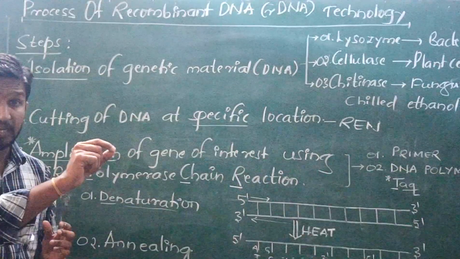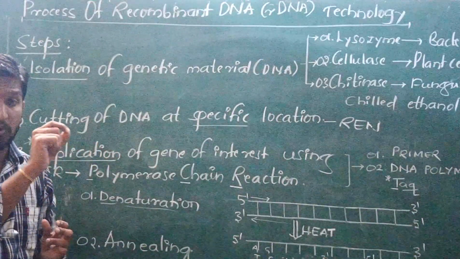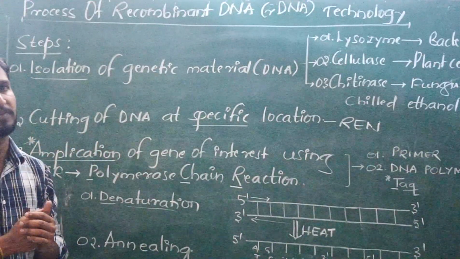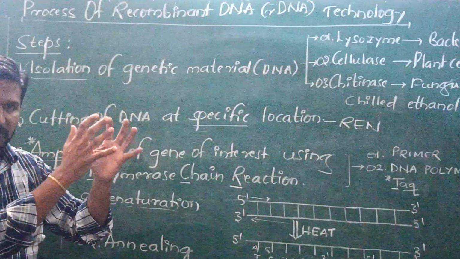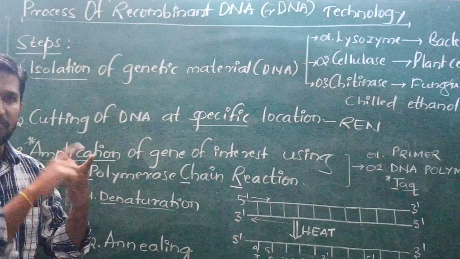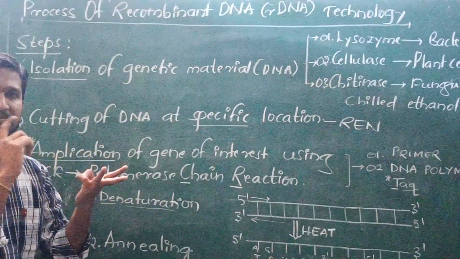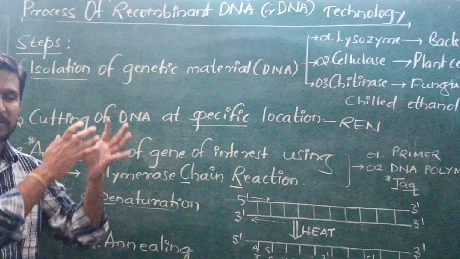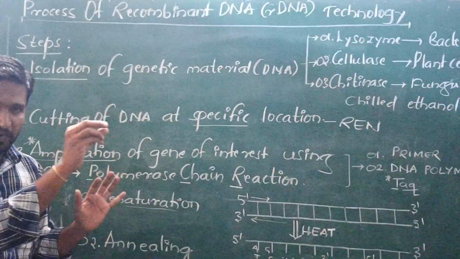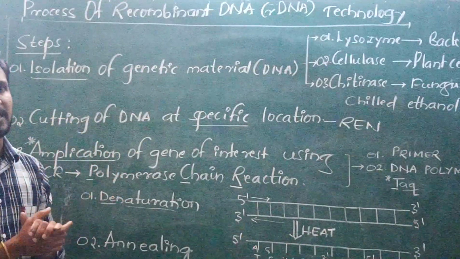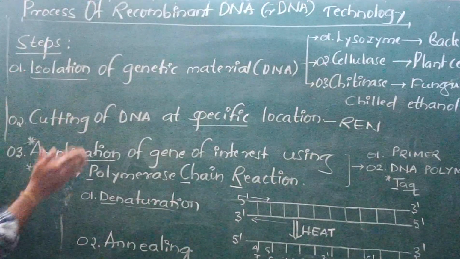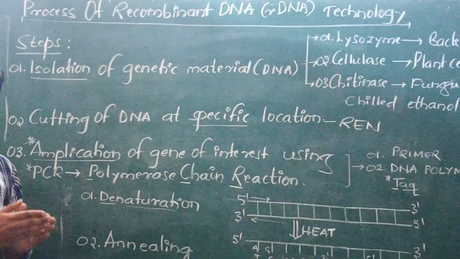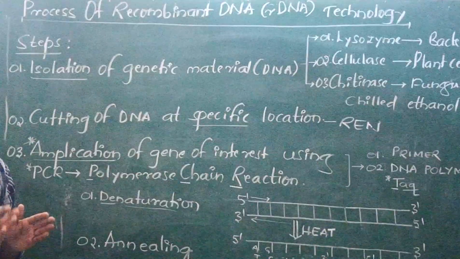From that cell, we want to take out only the gene of interest. So we separate that gene from the complete cell, avoiding the cell wall, cell membrane, cytoplasm, endoplasmic reticulum, Golgi complex, and all other cell organelles, and take only the DNA. That is called isolation. So isolation is nothing but separation of DNA.